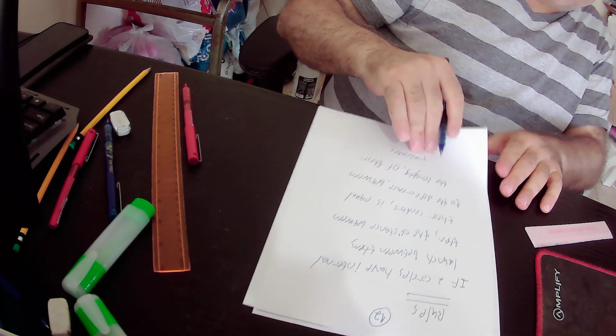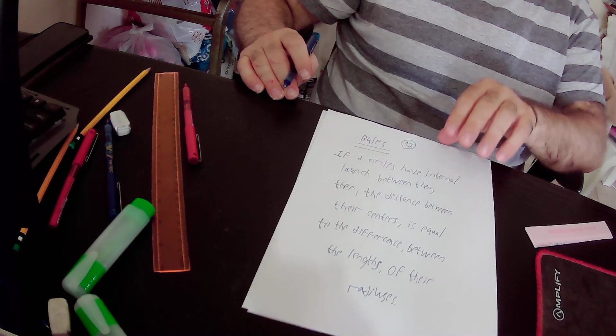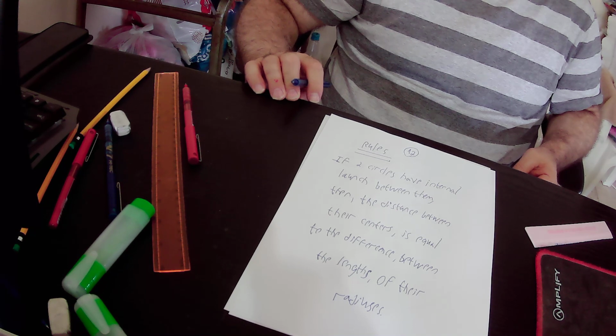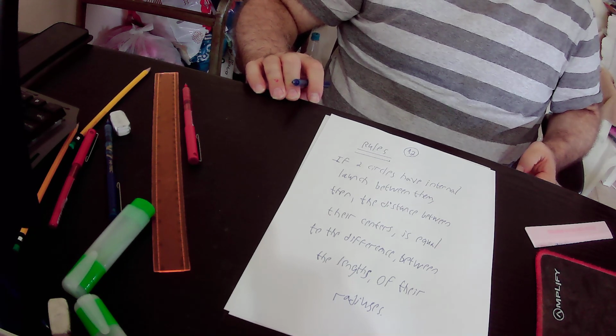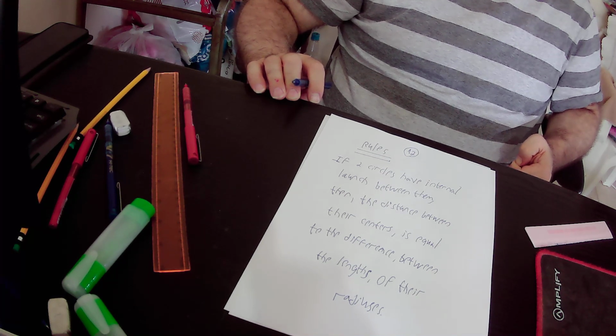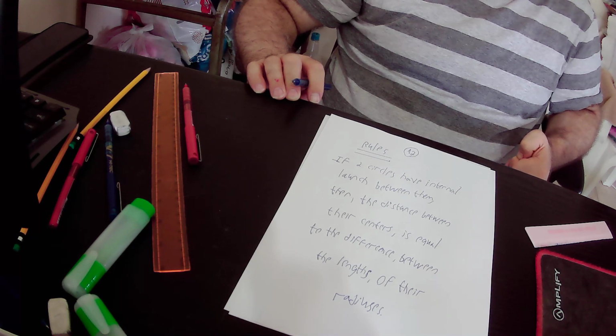So I will read rule number 5 again. Rule number 5 states that if two circles have internal touching between them, then the distance between their centers is equal to the difference between the lengths of their radiuses.